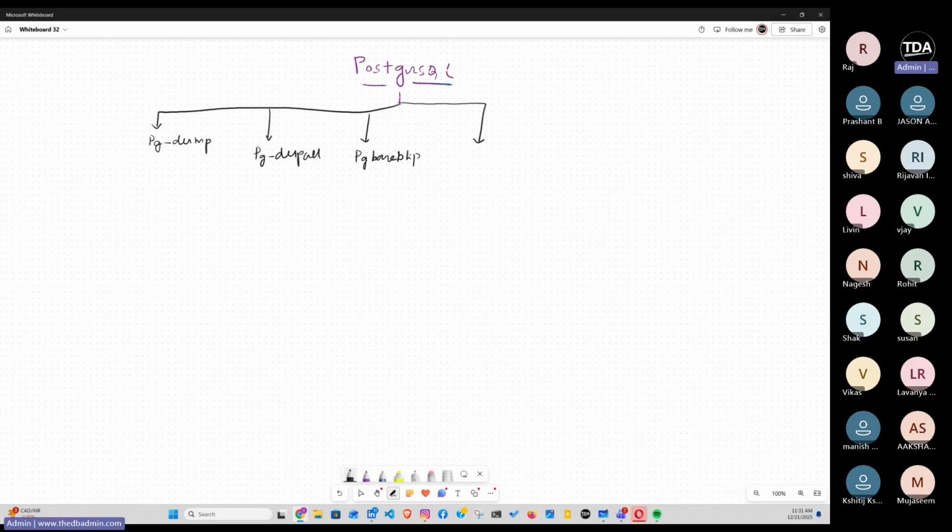Again, I am going to give you some more differentiation, which is important to understand specifically for interviews or for understanding. Barman. Like that, we have used multiple tools like pg_verifybackup.